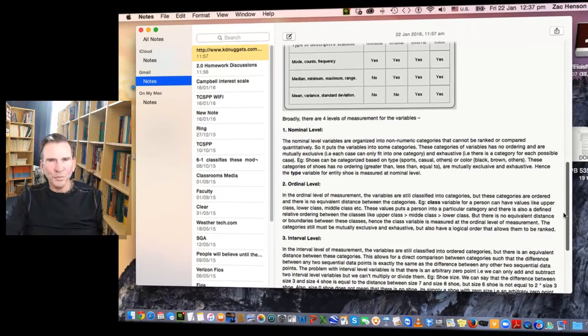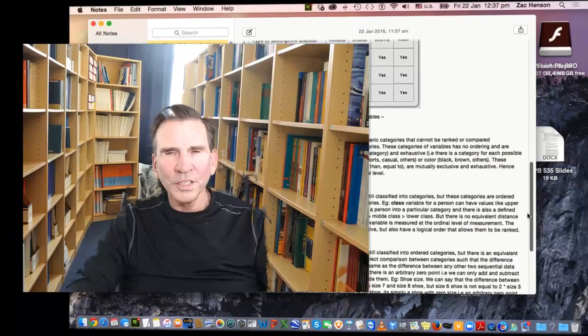As I mentioned before, nominal level. The nominal level variables are organized into non-numeric categories that cannot be ranked or compared quantitatively. So it puts the variables into some categories. These categories of variable have no ordering and are mutually exclusive, such that each case can only fit into one category.